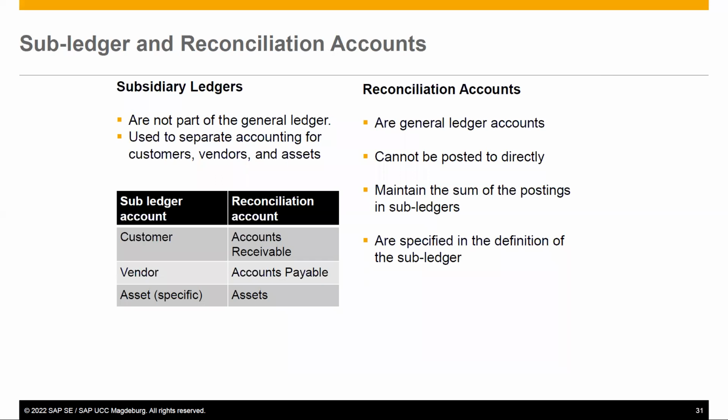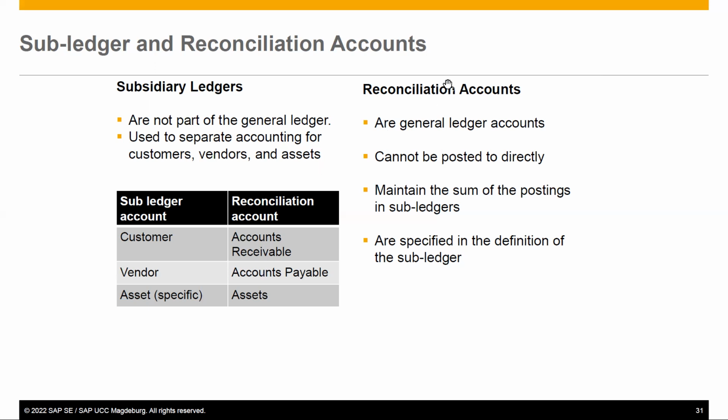We do have sub ledgers and reconciliation. This is another interesting concept, guys. All our customers, receivables, vendors, payments, and asset transactions will be recorded in the sub ledgers. And then in the general ledger, we have a reconciliation account. So when we enter any amount that we are receiving from a customer, we record it in a sub ledger, and it will automatically be updated in the reconciliation account.